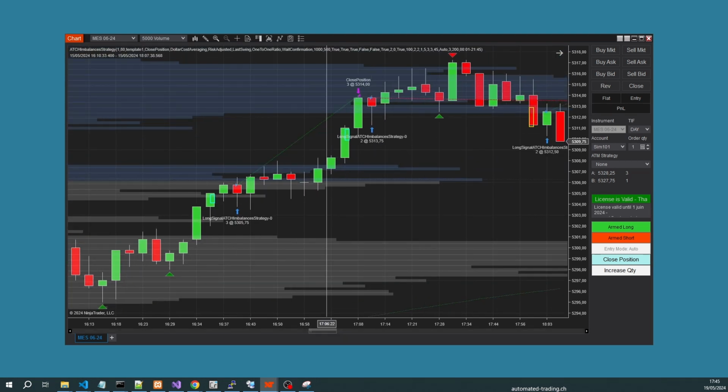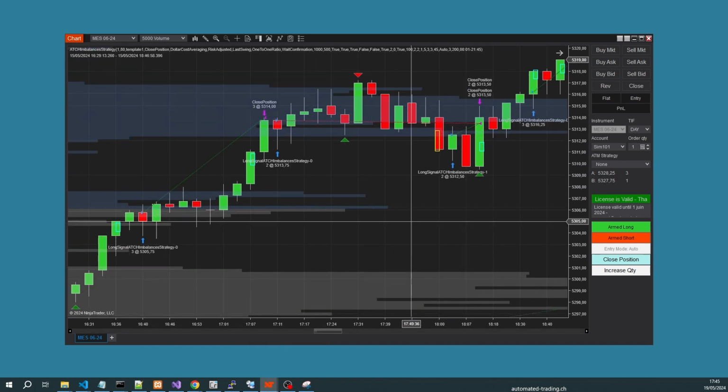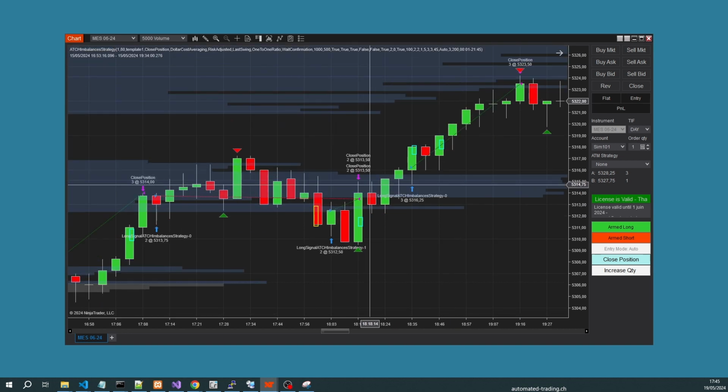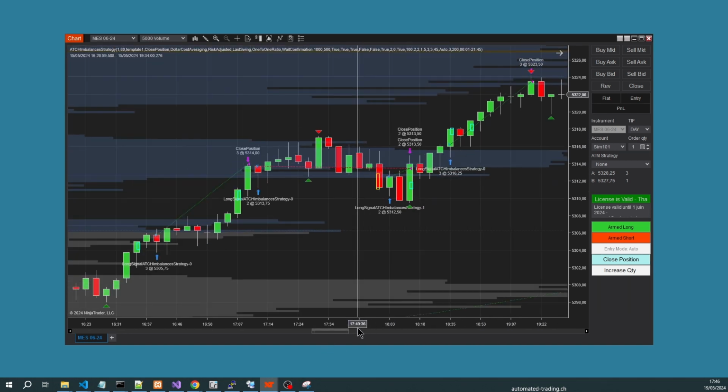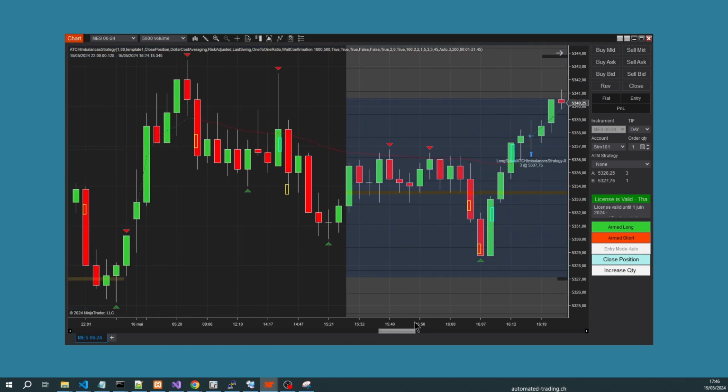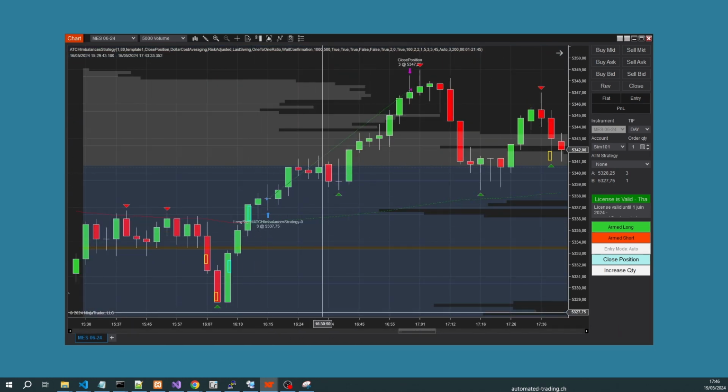Then this was a straight chart. There was no need to dollar cost. Here we dollar cost averaged, but we missed the long run. And then we opened a position that went straight up. Same here, straight up.